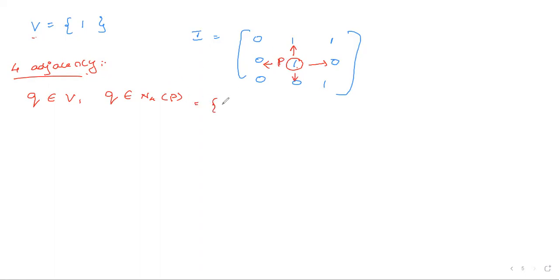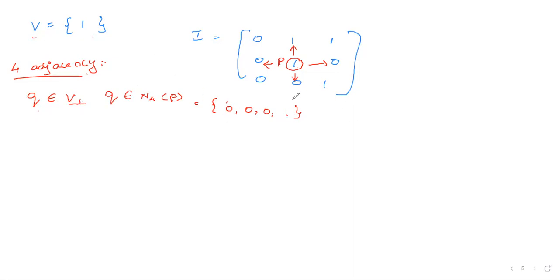These are 0, 0, 0, 1, the possible Qs in N4 of P. Q must belong to V, and V is defined as 1.